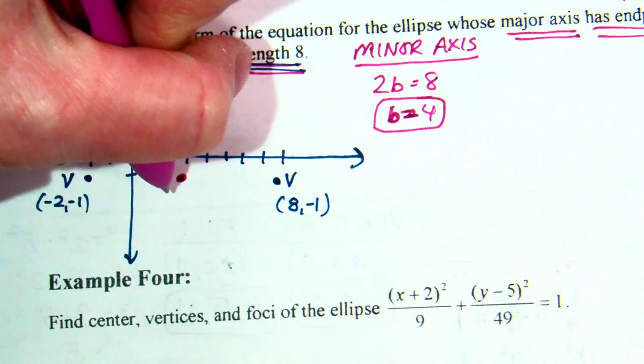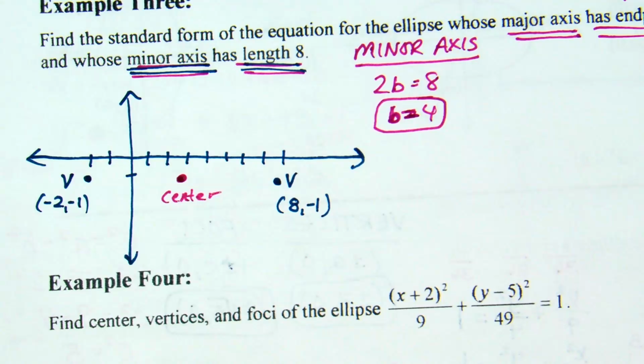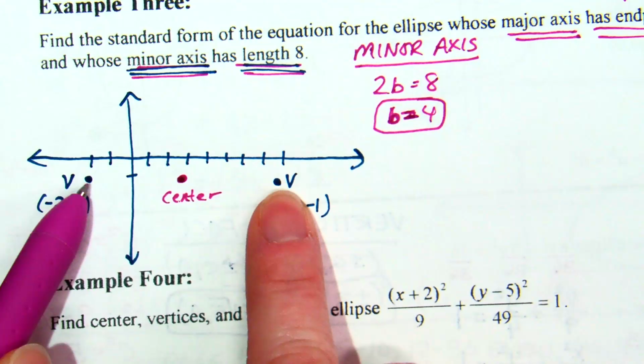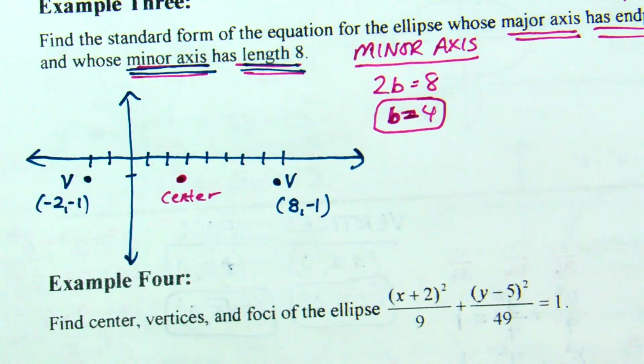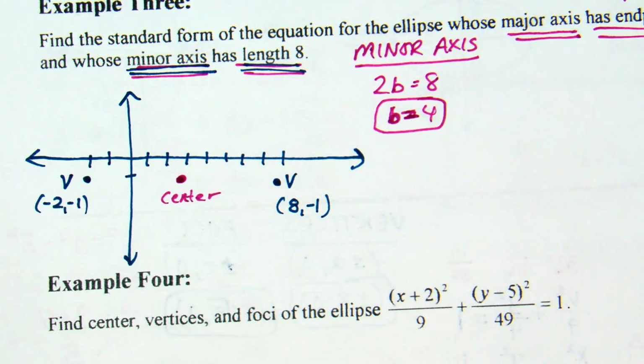Okay. What is the distance from negative 2 to 8? From negative 2 to positive 8 is a distance of 10. What's half of the distance of 10? 5. So if you count in 5 either way, you're going to meet in the middle, and that middle is your center.